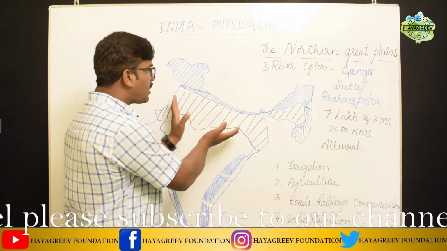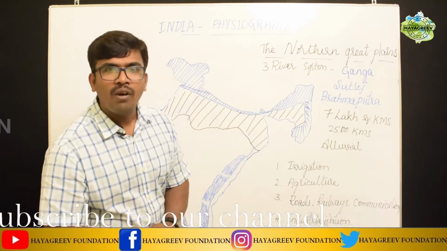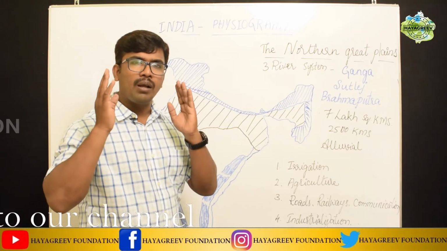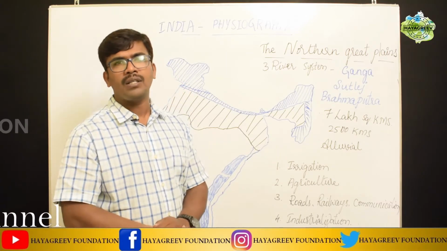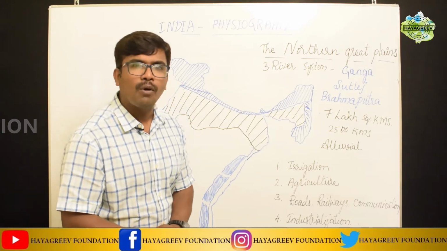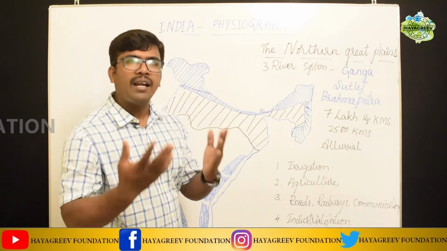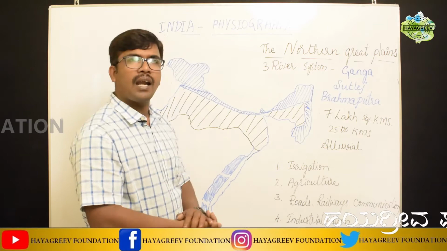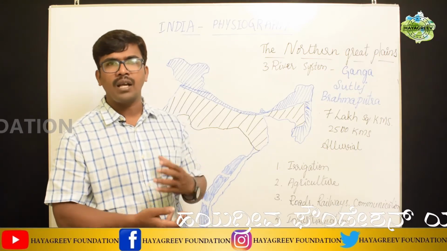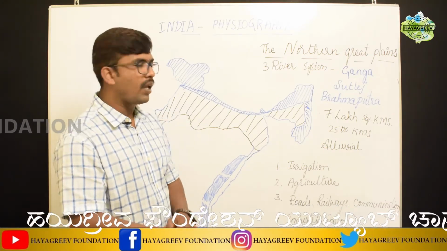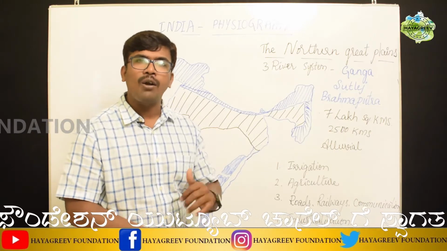As this land has many advantages, 40% of the total population of India takes shelter in this land itself. Many activities take place in this land. That is why this region is also called the heart of India.